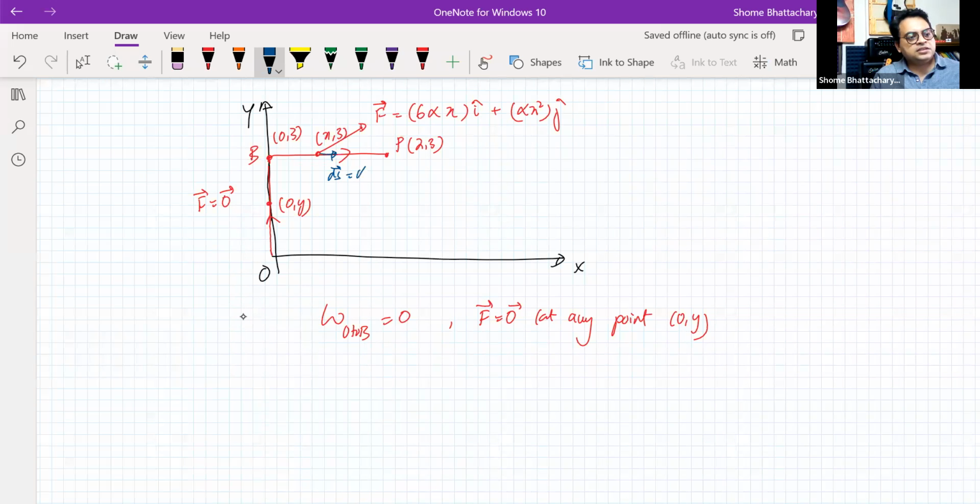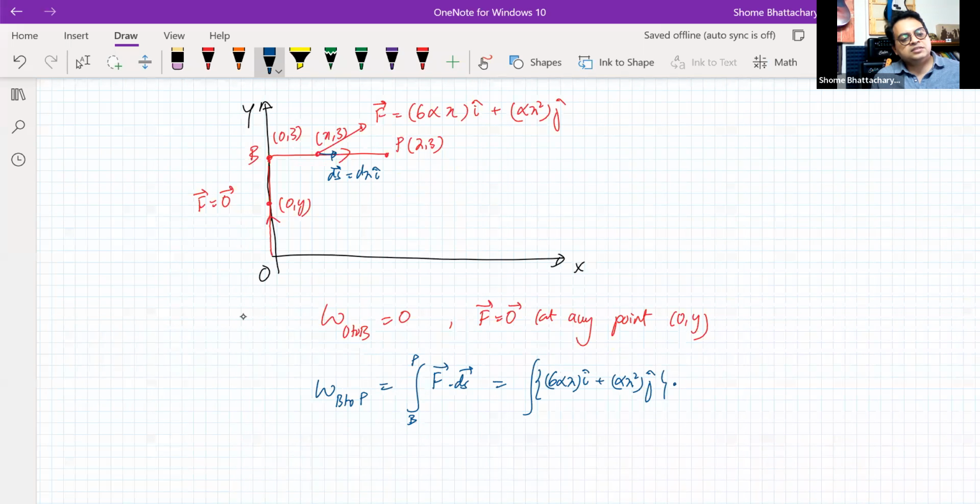And your displacement is along the x-axis. So B to P, when you look at the work done, force at any general point is 6 alpha x i cap plus alpha x square j cap.